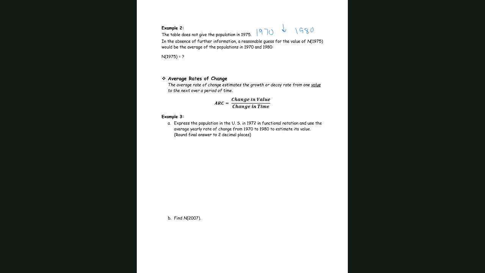So we add the population in 1970 and the population in 1980, and divide by 2. Don't forget to put the parentheses in the numerator. And you get 214.92 million people.